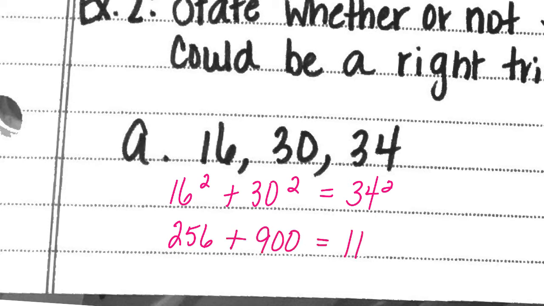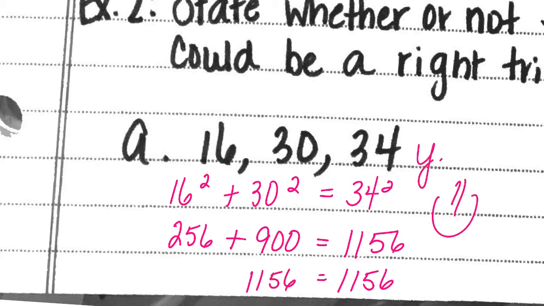Is that equal to 34 squared, which is 1,156? What do you think? Yes, it is, because when I add these together, that is equal. So this can be a right triangle.